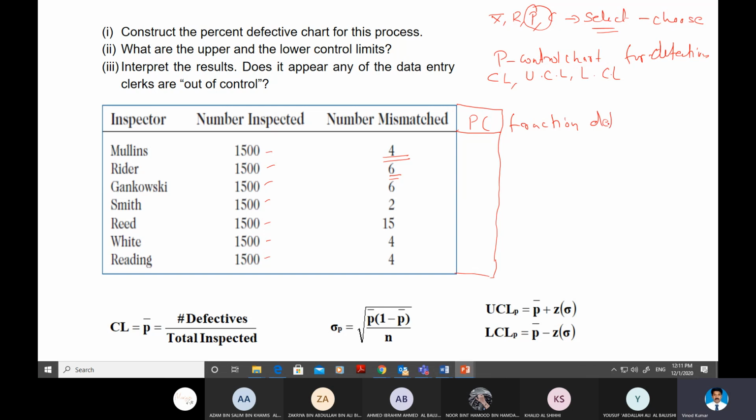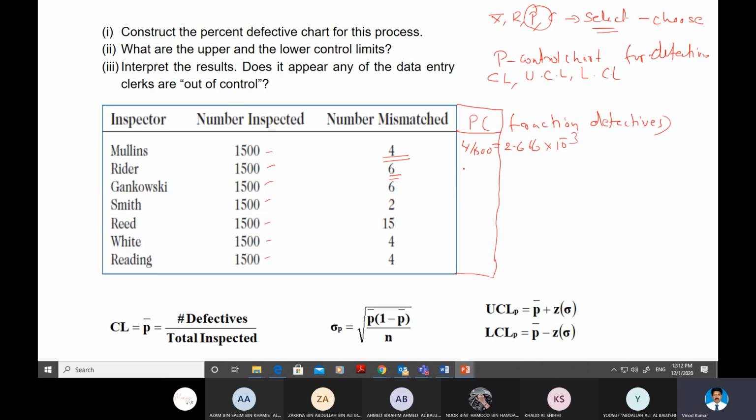What is fraction defective? 4 divided by 1,500. That is equal to 2.666 times 10 to the power minus 3.